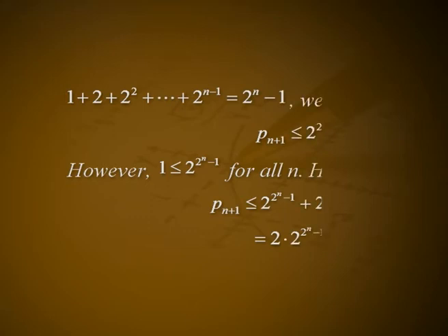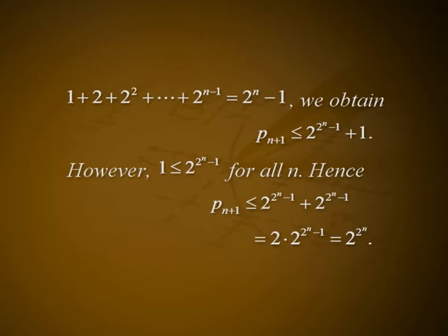Recalling the identity, the finite sum of a geometric series with common ratio 2: 1 + 2 + 2² + … + 2^(n-1) = 2^n - 1. We obtain P(n+1) ≤ 2^(2^n - 1) + 1. However, 1 ≤ 2^(2^n - 1) for all n.